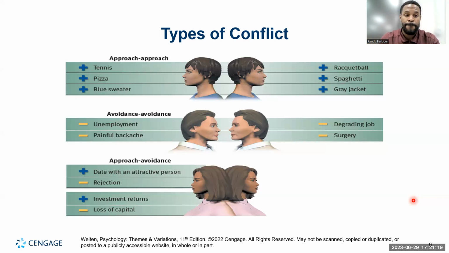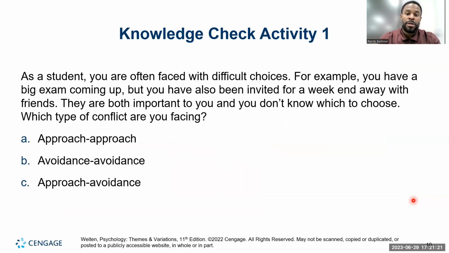Okay. So when we think about approach, avoidance, and approach-avoidance, let's think about this example. As students, we do face these difficult choices, and that creates some conflict on the inside. It says you have a big exam coming up, but you have also been invited for a weekend away with friends. They are both important to you, and you don't know which to choose.